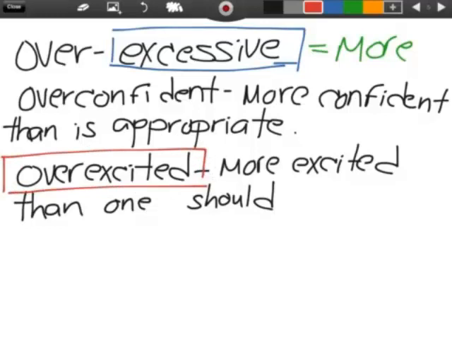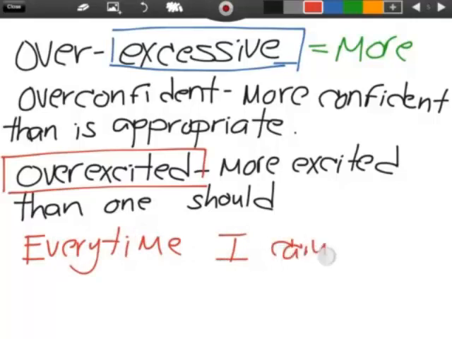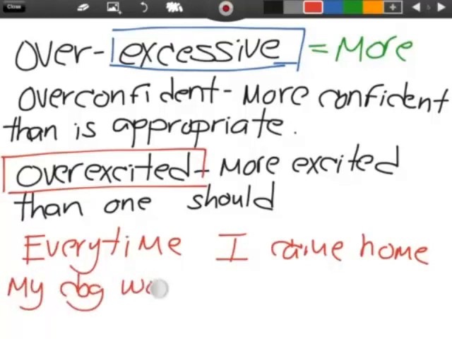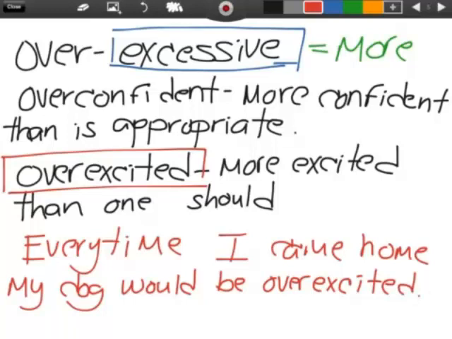I'm going to read that to you. Every time I came home, my dog would be overexcited. Moving on to our next root.